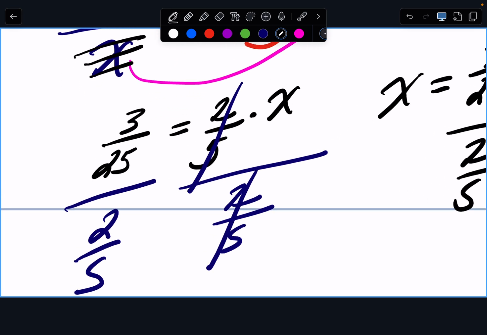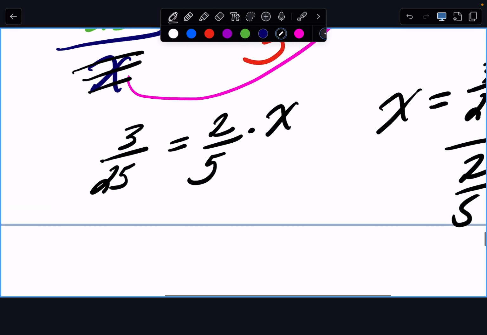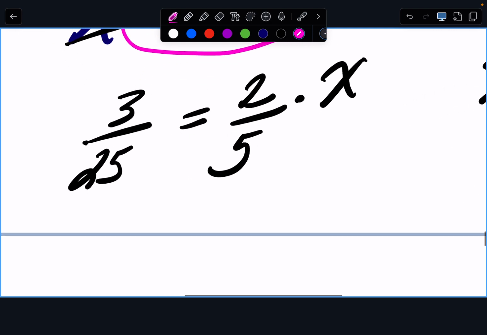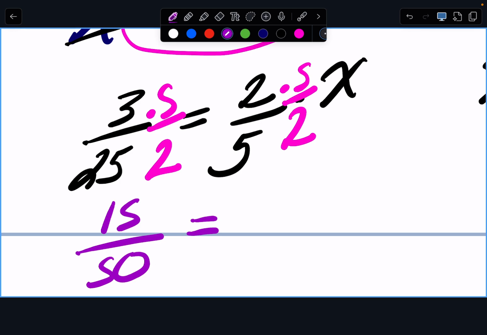Now, let me be clear here. Advanced people would not actually do that. Want to know what they would do? Watch. I skipped it. Watch what advanced people would do, which is fine to not be advanced. Sometimes it takes time to get there. Advanced people would say, I'm not going to divide by 2/5. I'm actually going to times by 5/2. So that's 15/50 equals, isn't that going to make that a 1?